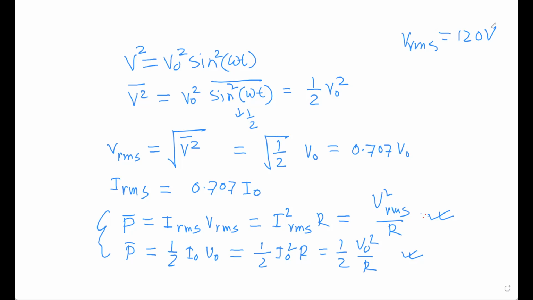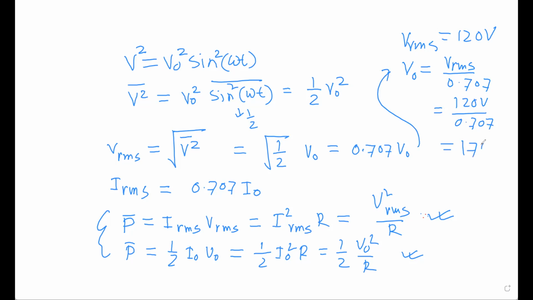If I want to know the peak value for that, you can just use this equation: V0 equals VRMS over 0.707. That's basically you solving this equation. If you plug in the value of VRMS, 120 volt over 0.707, you see that the peak voltage in our household is 170 volt.